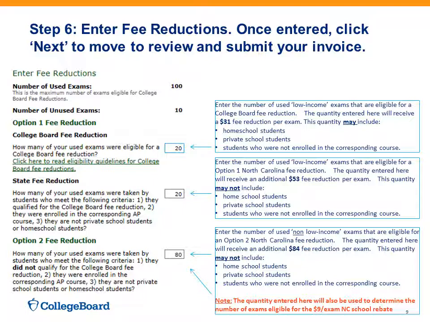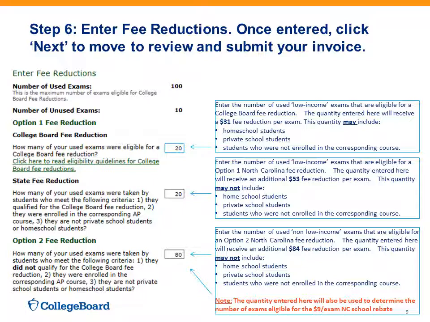But if they're a homeschool student or a private school student or a student who wasn't enrolled in the corresponding course, they can still get the fee reduction, and you'll need to report to the College Board that there was a fee reduction, but they will have to pay the school for that. And in the following screen, you'll see where that will be reflected in the costs incurred that you will have to pay to the College Board.